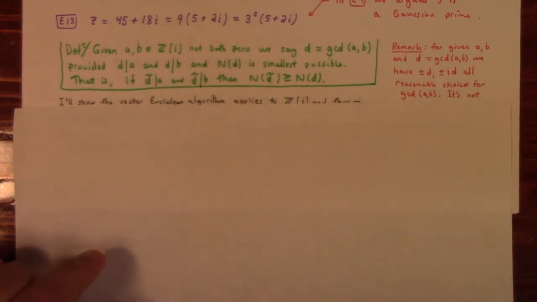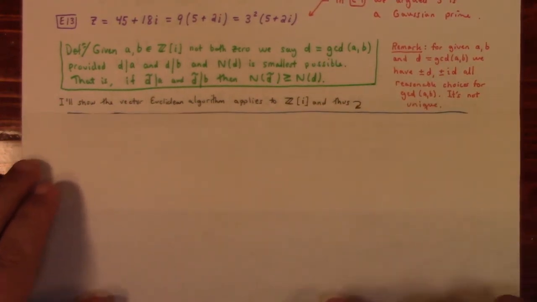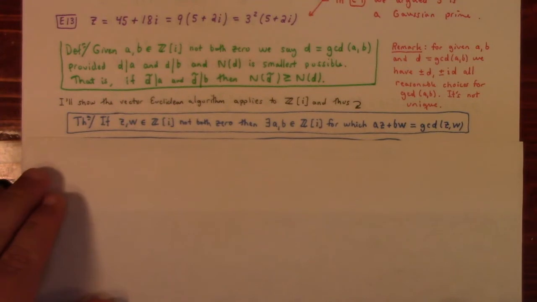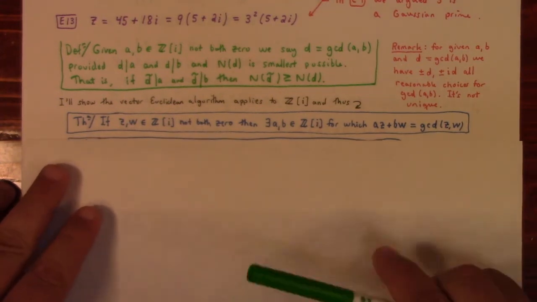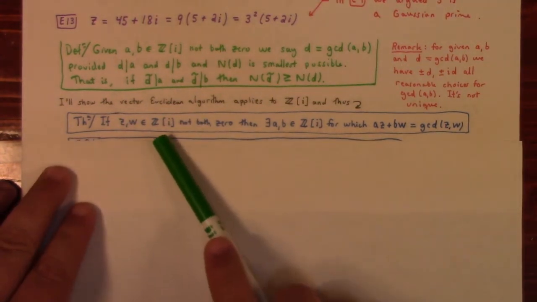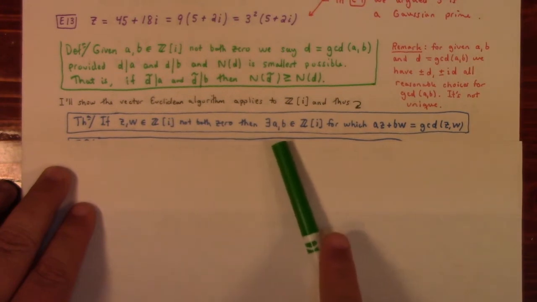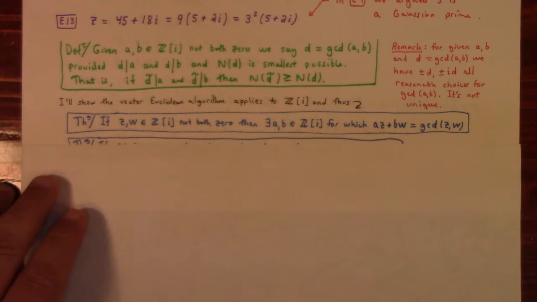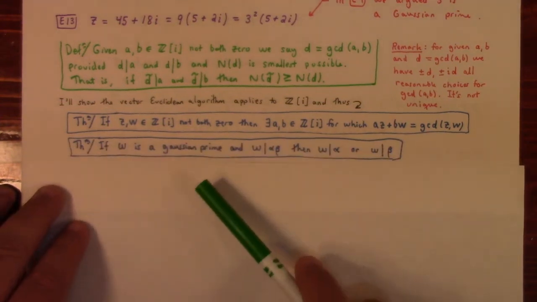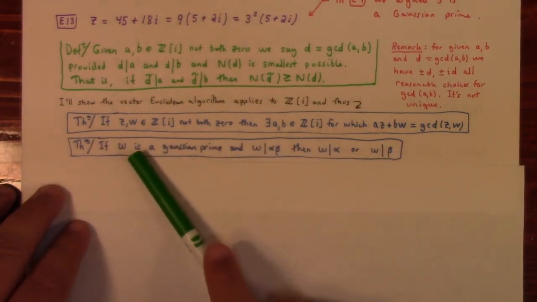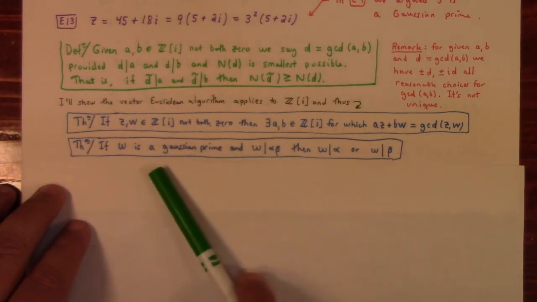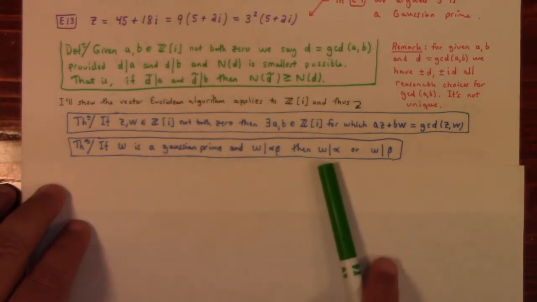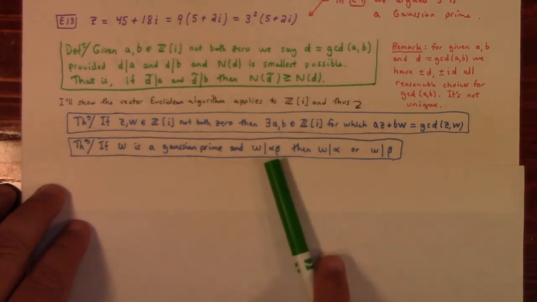The vector Euclidean algorithm still applies to Gaussian integers. There's a Bezout's theorem: if you have Z and W not both 0, there exist A and B such that AZ plus BW is equal to GCD of Z and W. And there's also Euclid's lemma, this property that if a prime divides a product, then it divides either the first factor or the second factor.